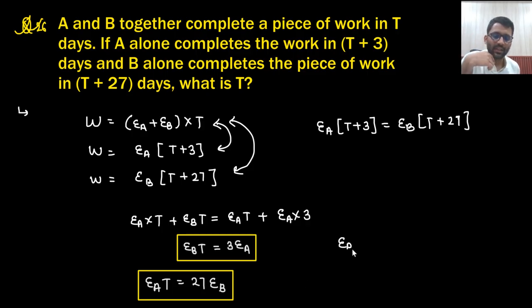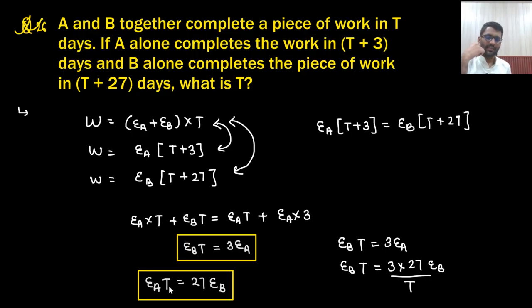Now EB into T is equal to 3 EA. So EA I can replace with EB into T by 3, or EA I can replace with 27 EB by T. Say yes or no. This EA is replaced with 27 into EB by T.